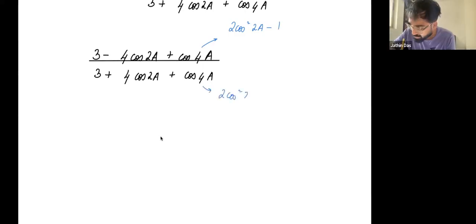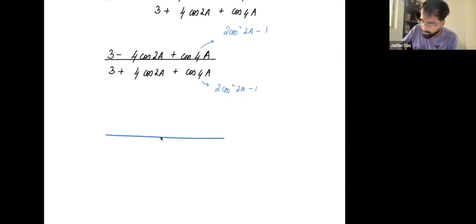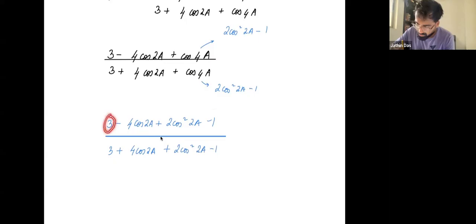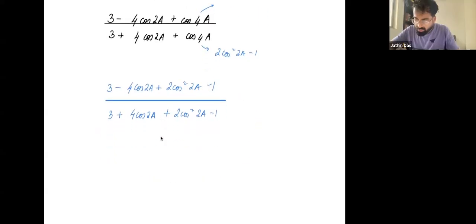Okay. Here, can I write 2 cos square 2a minus 1? Then what will happen? 3 minus 4 cos 2a plus 2 cos square 2a minus 1, and 3 plus 4 cos 2a plus 2 cos square 2a minus 1. Now there is a 3 minus 1, 2. And in each there will also be a 2.